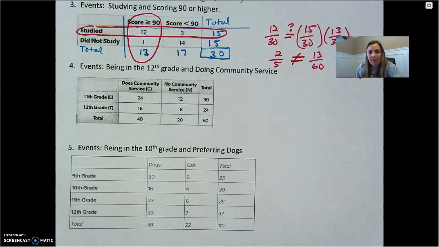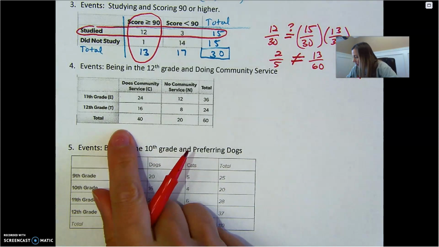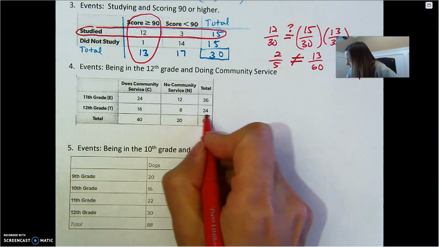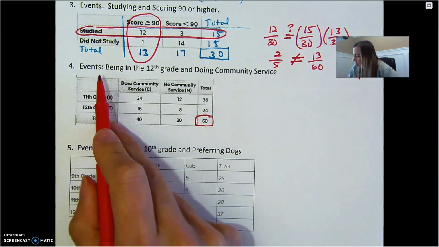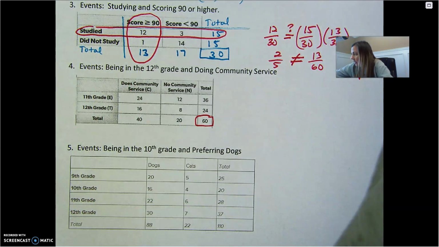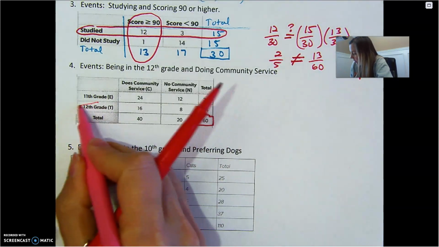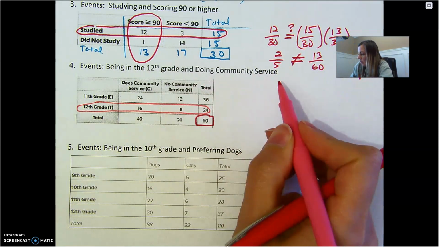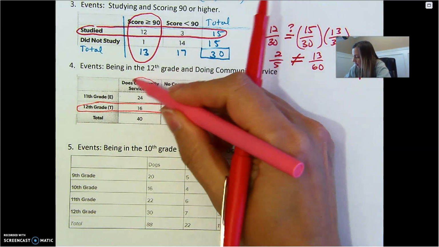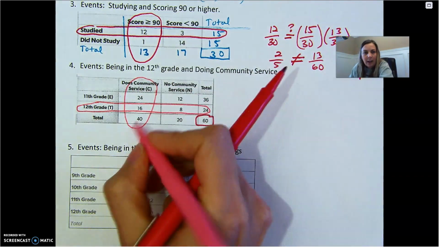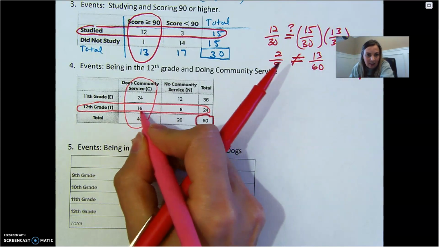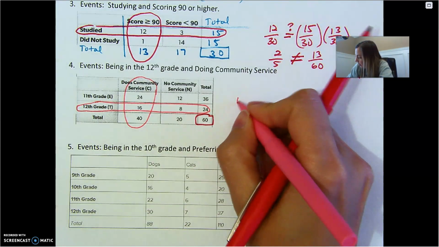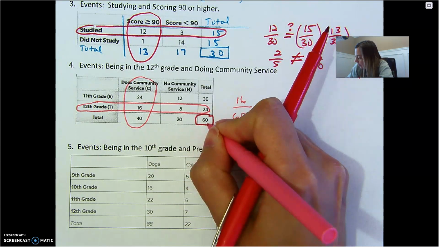All right, next up, we need to get some totals. Nope, totals are done. Yay! So here's that grand total. The events are being in the 12th grade and doing community service. The intersection is 16, so we have 16 out of 60.